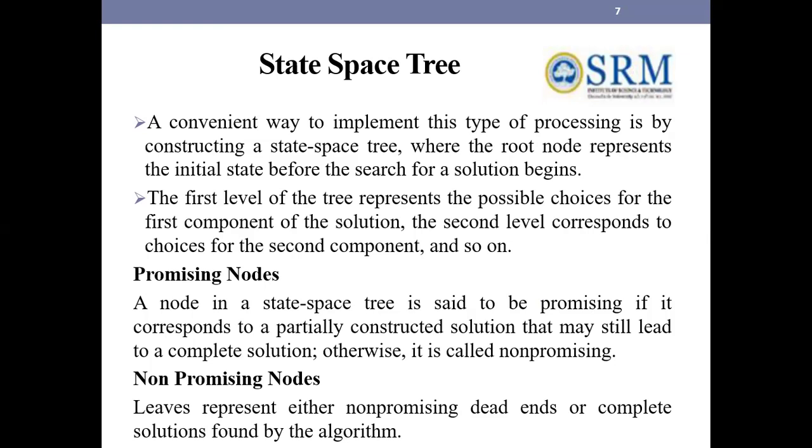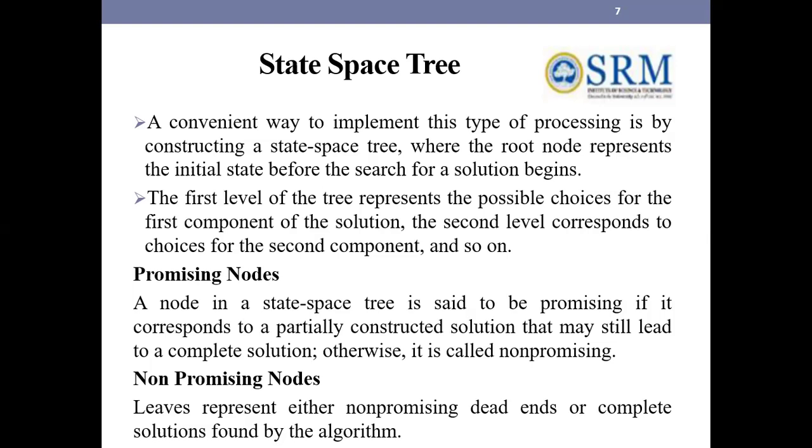And what is a promising node? A promising node is a node which promises to lead to a solution, which can give a solution to the given problem. The node can lead to an optimal solution or feasible solution to the given problem. This is called a promising node.